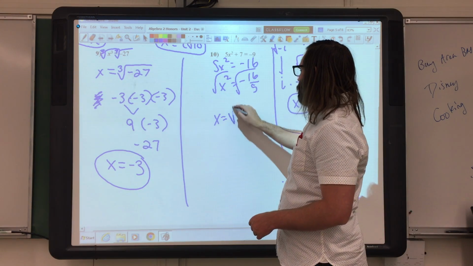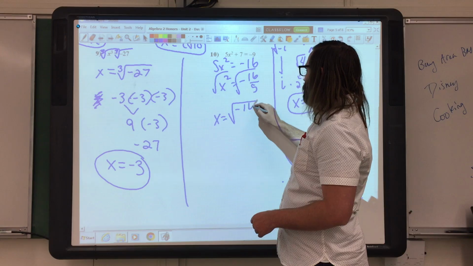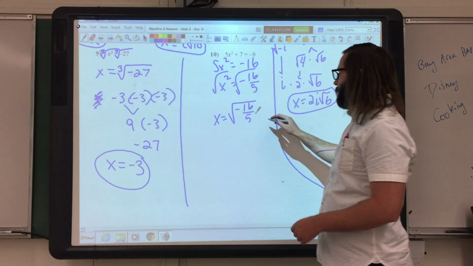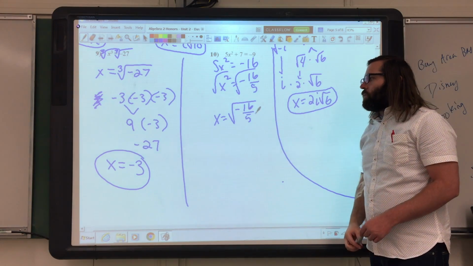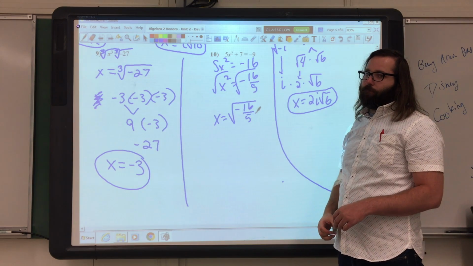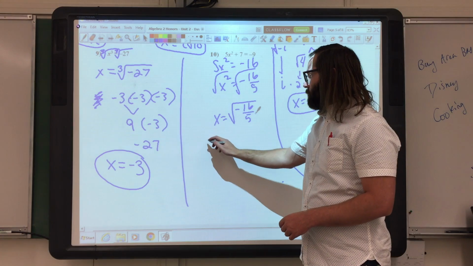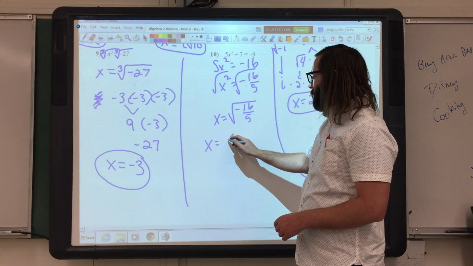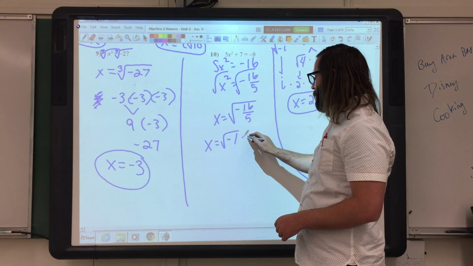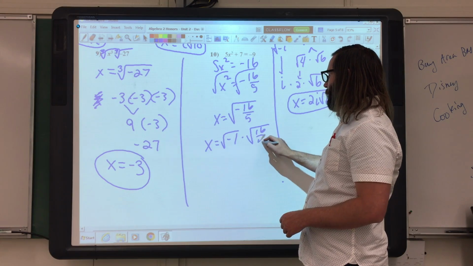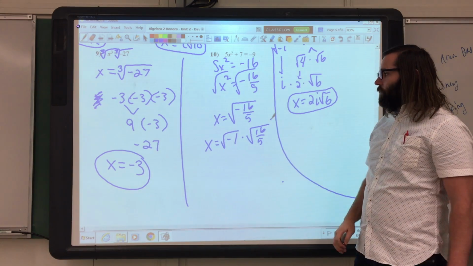X is the square root of negative 16/5. Not looking good. We can say that this is the square root of negative 1 times the square root of 16/5. That makes it a little better, I guess.